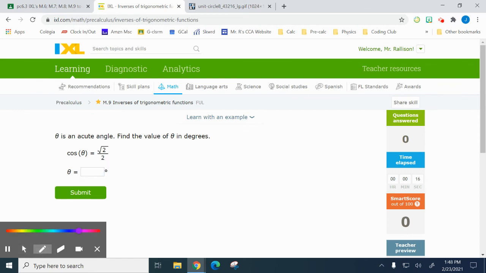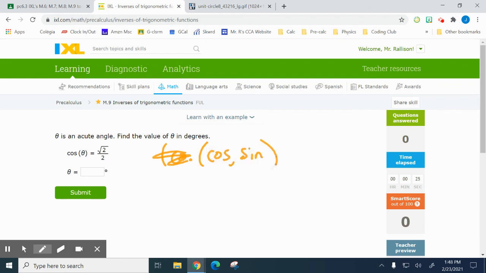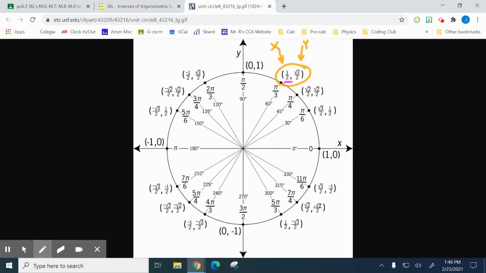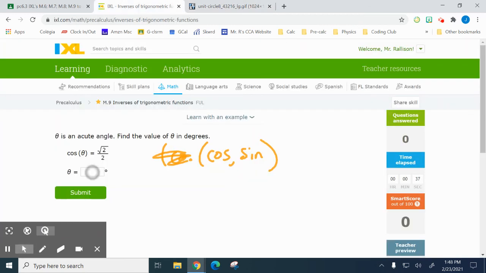Remember, it's cosine, comma, sine on the unit circle. You're looking for the angle that has the cosine square root of 2 over 2. It's right there. So the angle is 45 degrees.